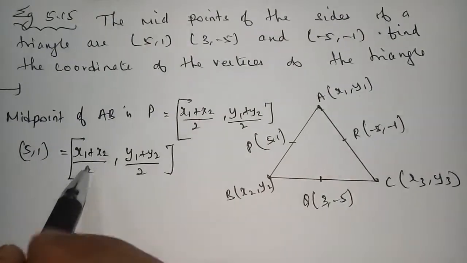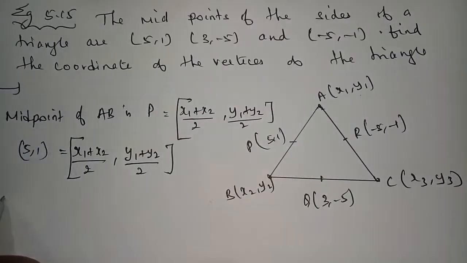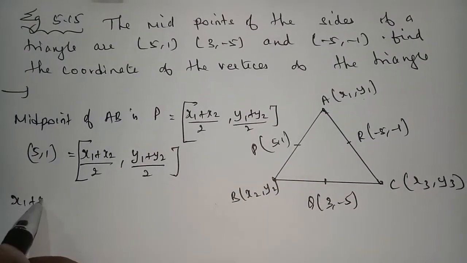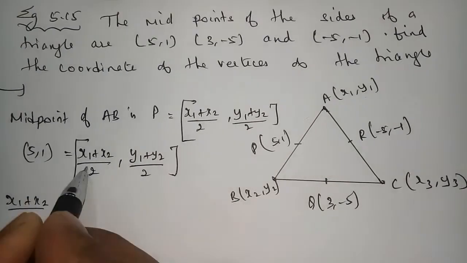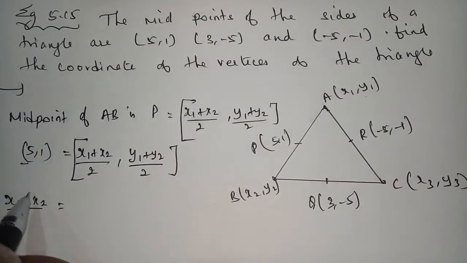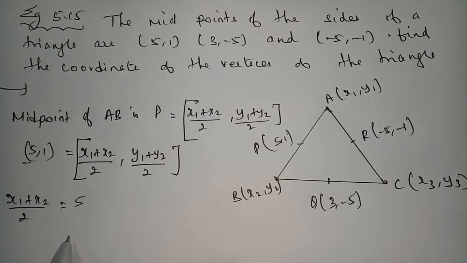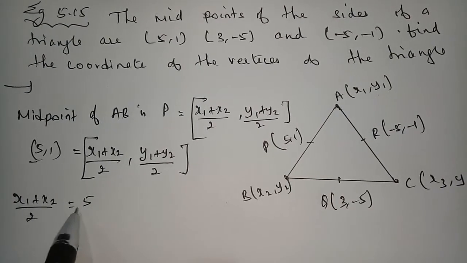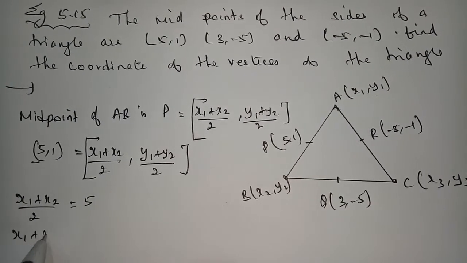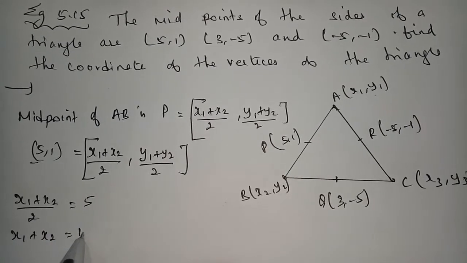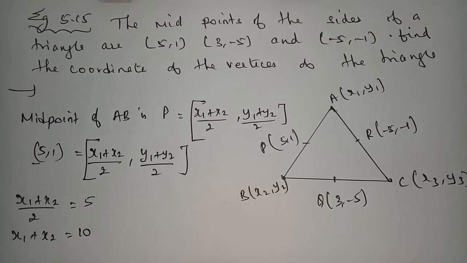Now, (x1 plus x2) by 2 is equal to 5. Cross multiply, and we get x1 plus x2 equal to 10.